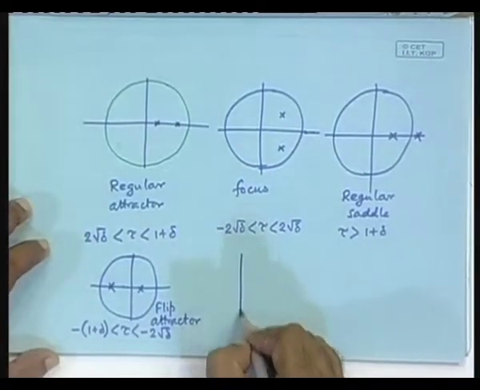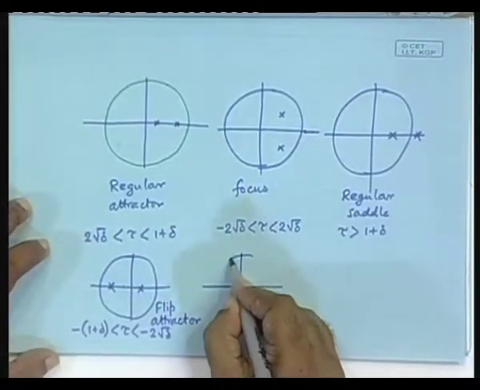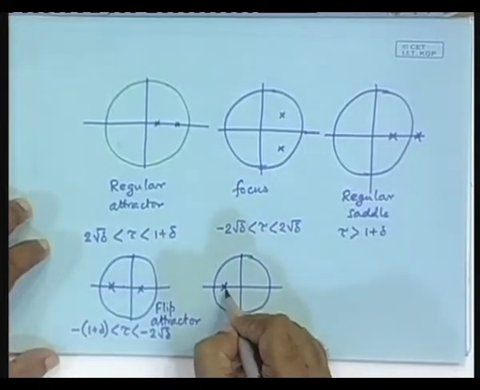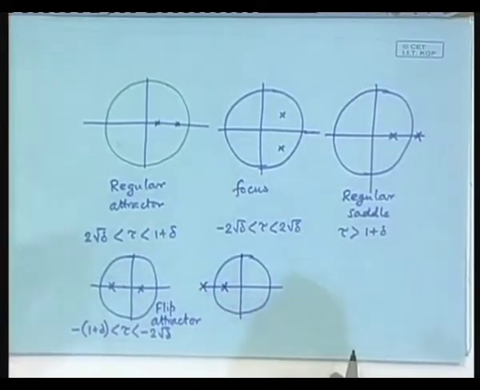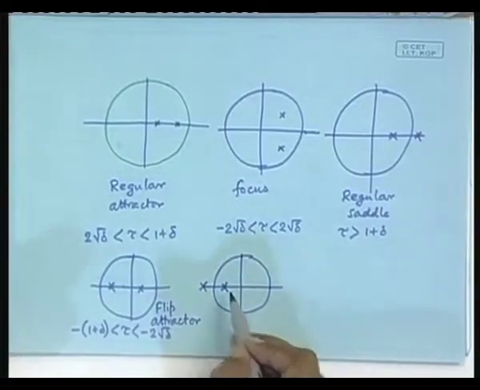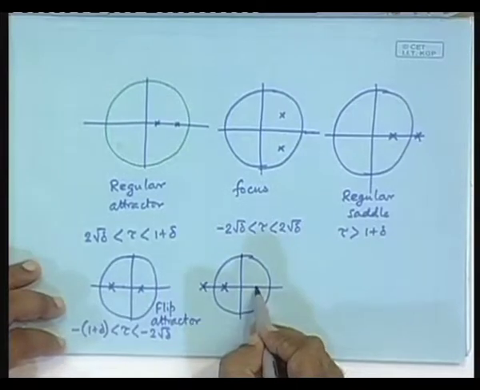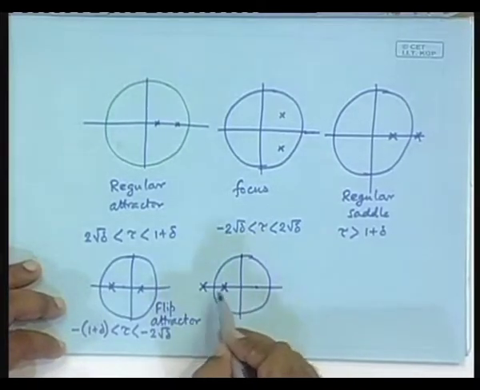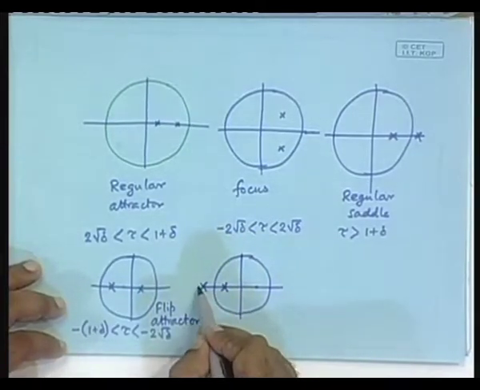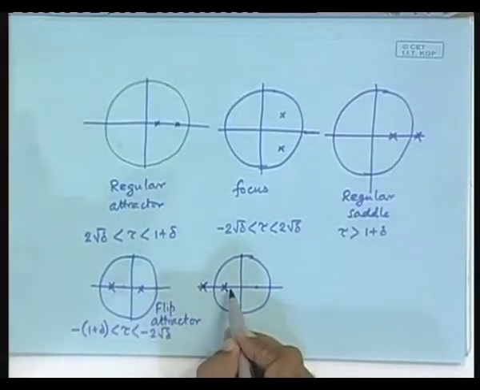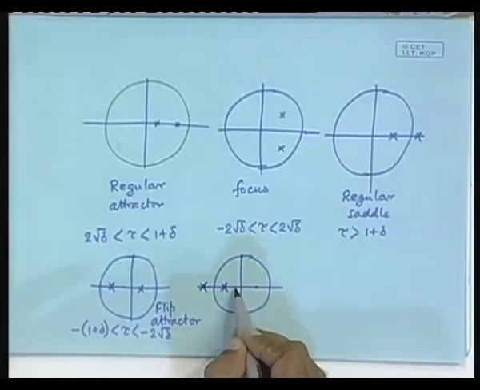Next, what is it called? There are, okay, this could be here also. That means I am saying that one eigenvalue is outside the -1 point, that means it has gone out, and the other one could be this side or that side.